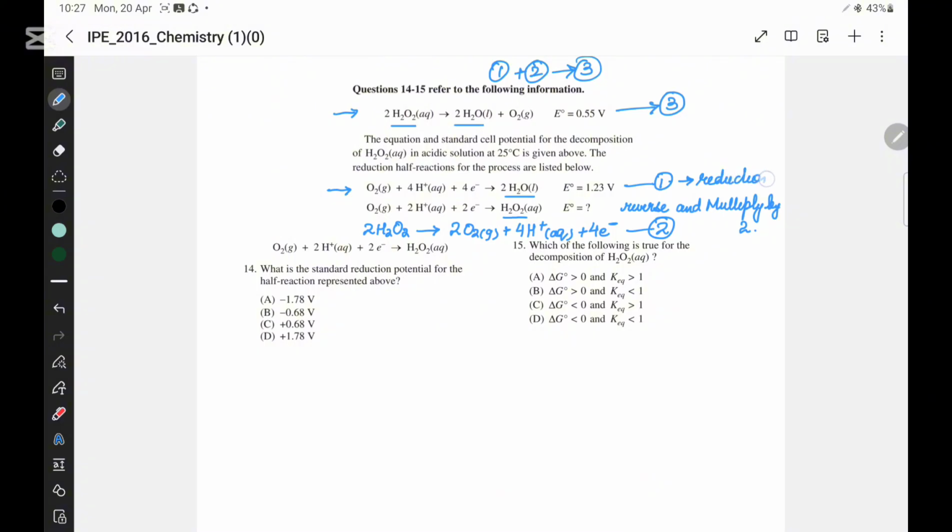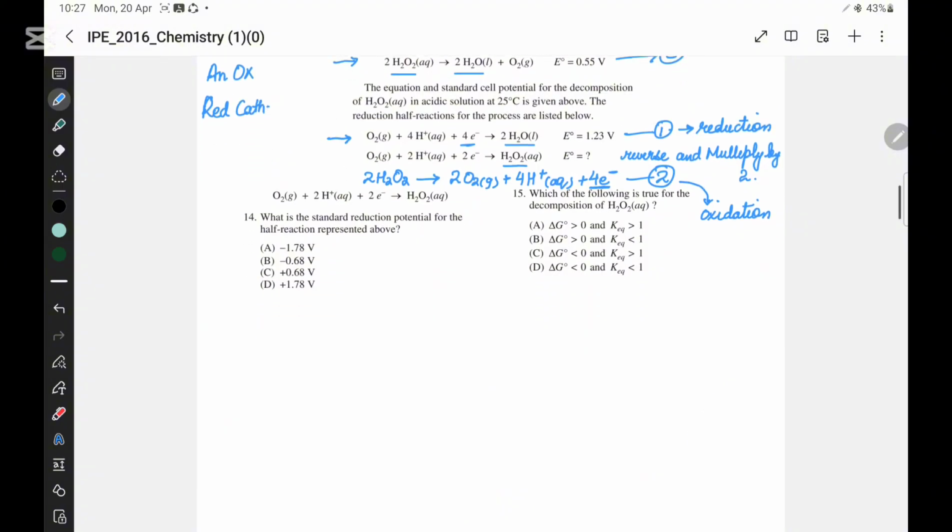Because electrons are added on the left hand side, and here the electrons are on the right hand side, so this represents oxidation. We know the formula OIL RIG: oxidation takes place at the anode, and reduction takes place at the cathode.